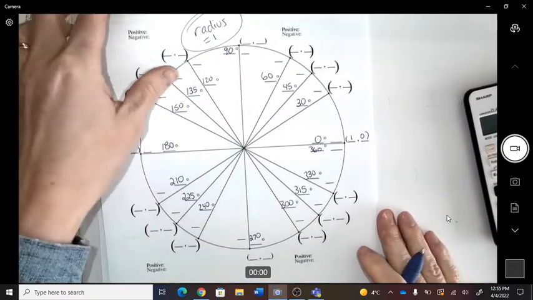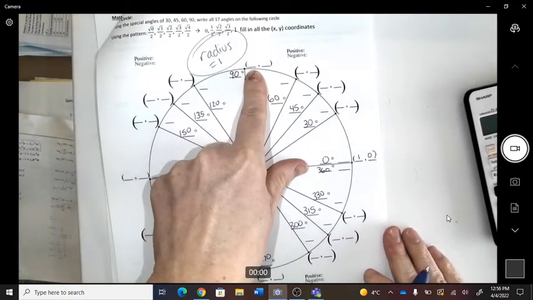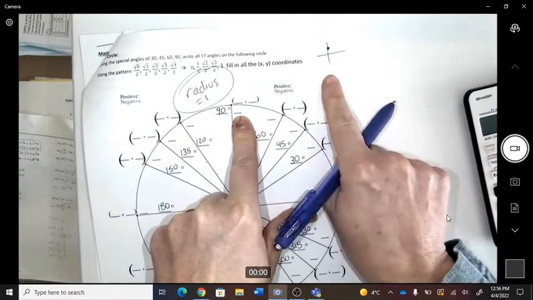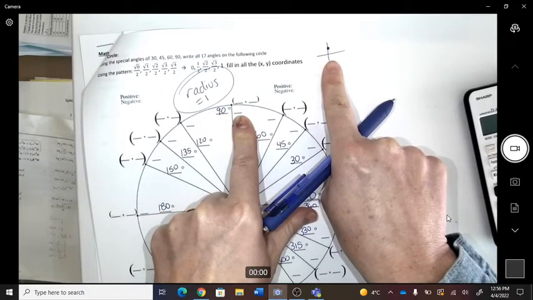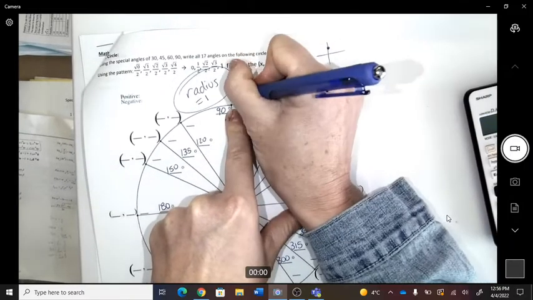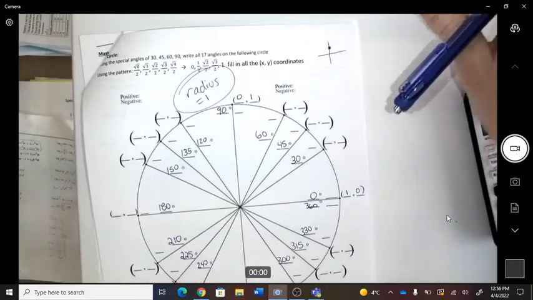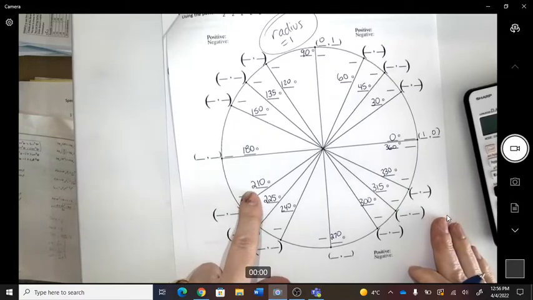Let's go up to 90. What's the coordinate if you were to graph a point like that? 0, 1. I'm at 180.